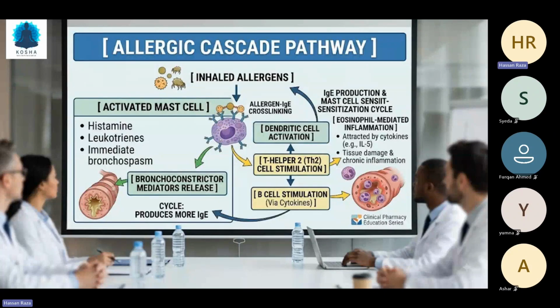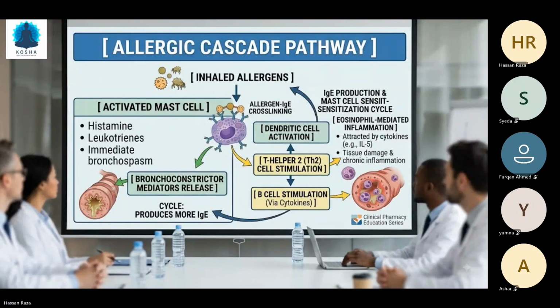So now this mast cell produces histamine and leukotrienes, and the histamine and leukotrienes cause bronchoconstriction. Another thing this mast cell will do is stimulate T helper 2 cells again, and those T helper 2 cells will produce interleukin 5, and this is very important. Interleukin 5, I'll tell you when we discuss treatment.